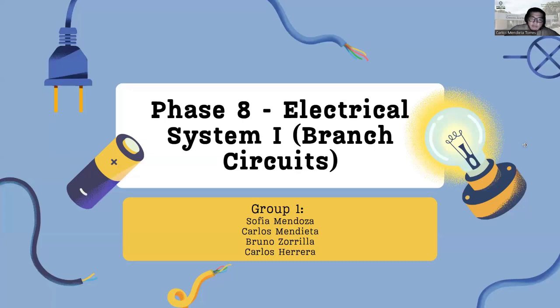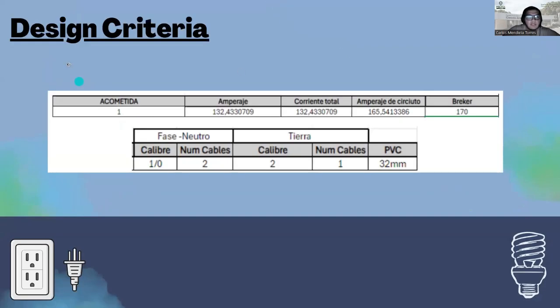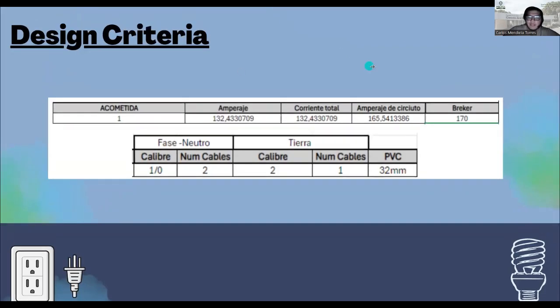Up next, we have phase 8 of the design, which is the feeder line. For the design criteria, we have basically a single line that takes the whole demand of the house between lights, outlets, and special installations, divided by 127 volts, and we get the amperage.